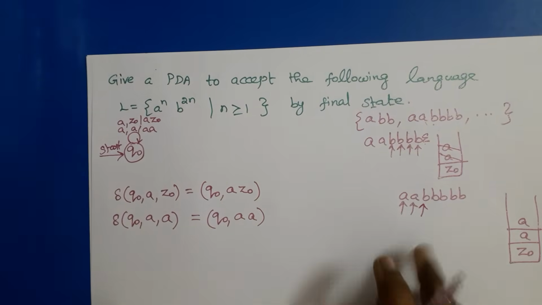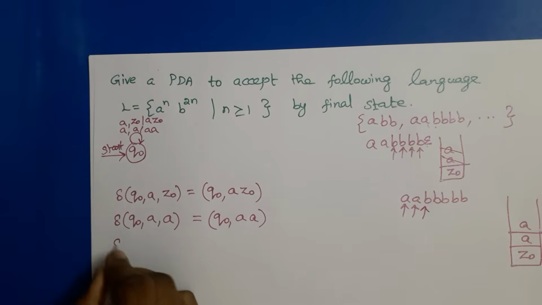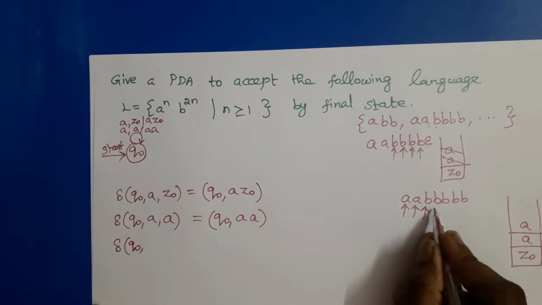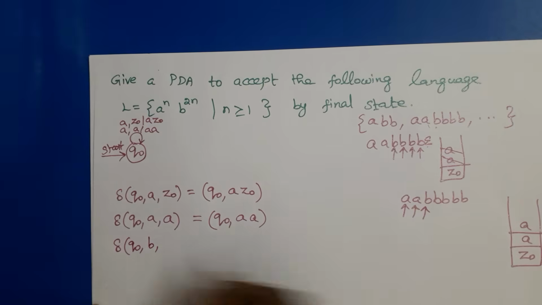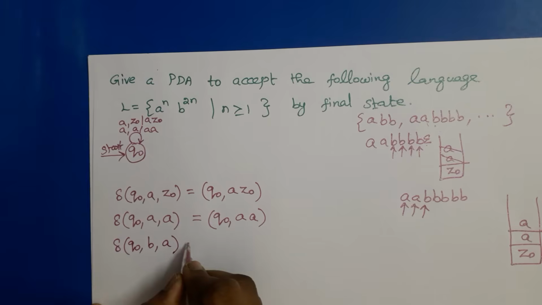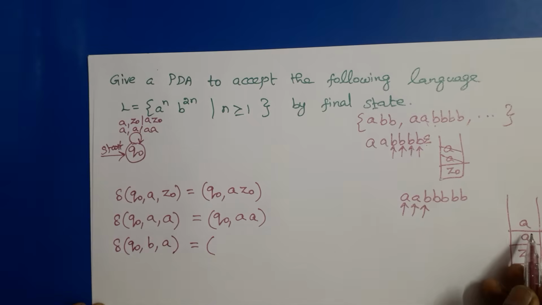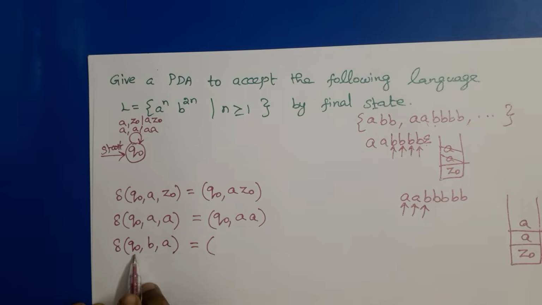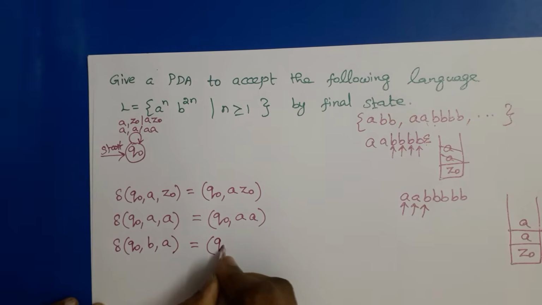The next input is b and we are in state Q0. So delta of Q0, input symbol b, and the top of the stack is a. As I already said, we should not do any operation on the stack, but we have to move to the next state Q1.